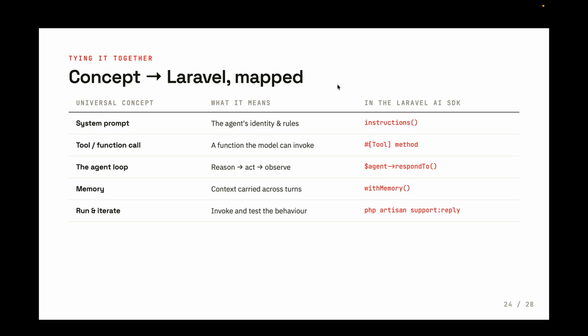We don't want a fresh blank slate every time, right? We want to make sure we continue to build context as we move forward. And then finally, we want to be able to invoke and test this behavior. And so in the far right, you see the Laravel AI SDK items that are matching in the code what we're using to make those things work. So this is kind of a cool table to see, universal concepts, what they mean, and then how we actually apply that in Laravel.